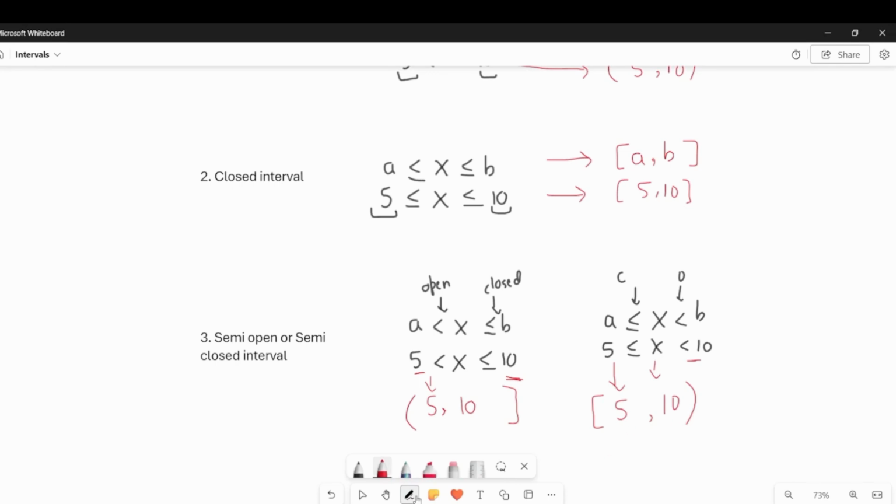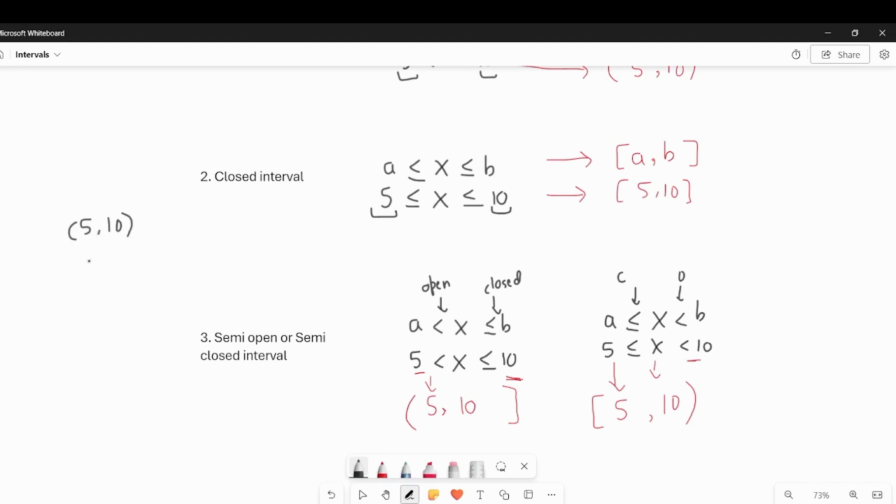Now, one last thing we need to understand is how we represent them graphically, because we are going to use this concept in the next video. So be very careful and understand everything carefully. The way of representing open intervals graphically is, let's say we have to represent open interval 5, 10.